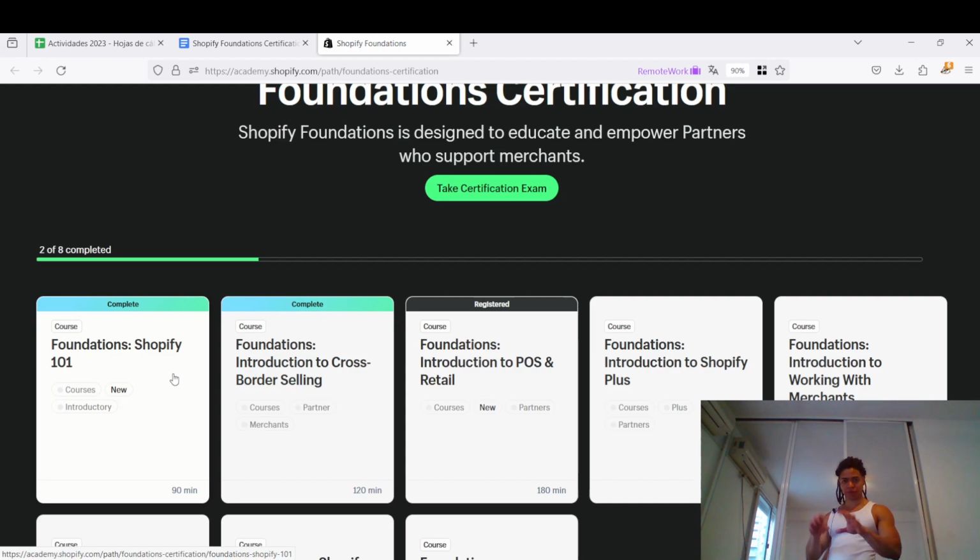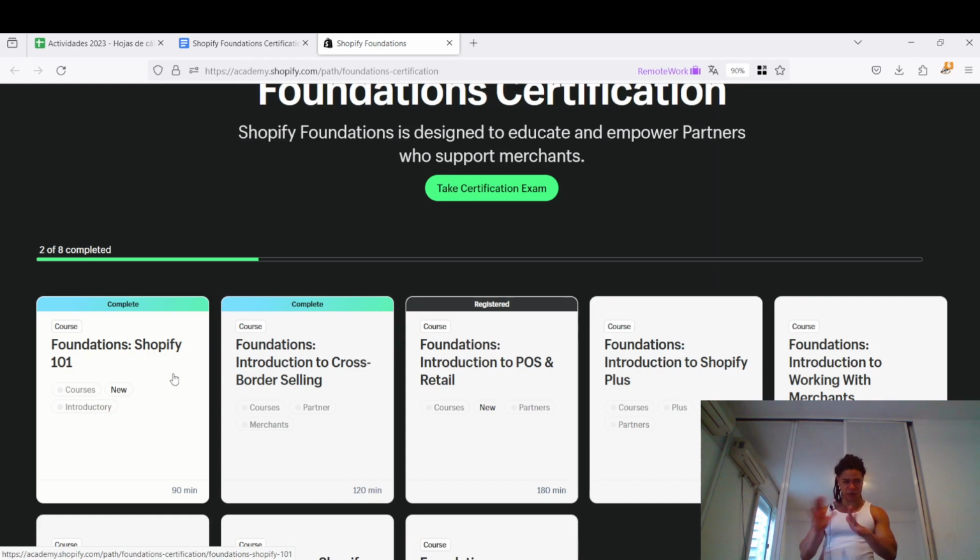Understand how they collaborate with each other, and how partners, based on how they interact with Shopify platforms, are labeled by product or growth partnerships. Product partnerships are those that allow you to produce a product. Okay, I'm not going to dive too deep. I just wanted to jump straight to the introduction to POS.